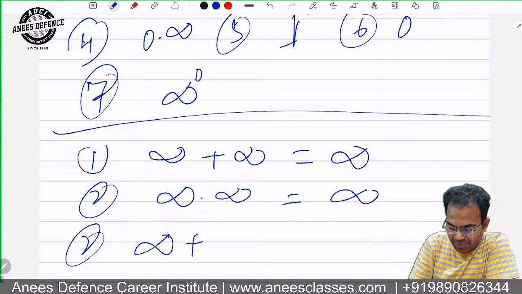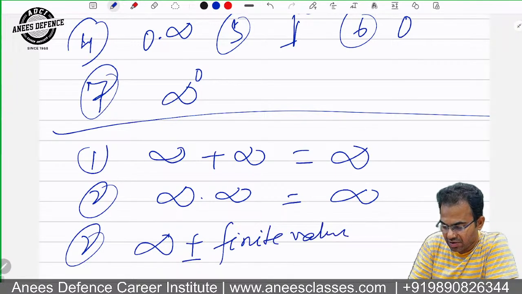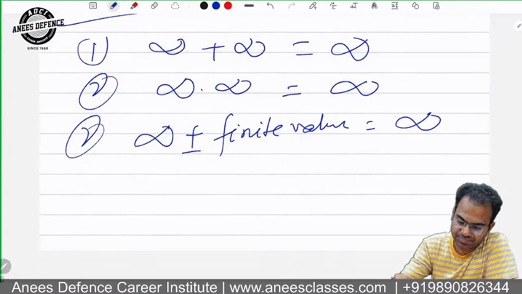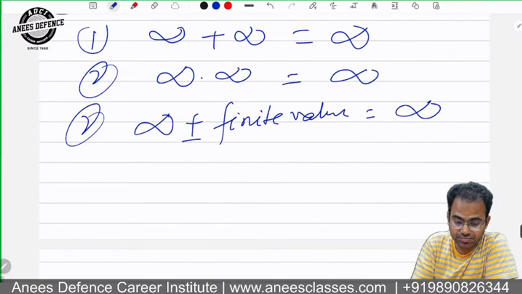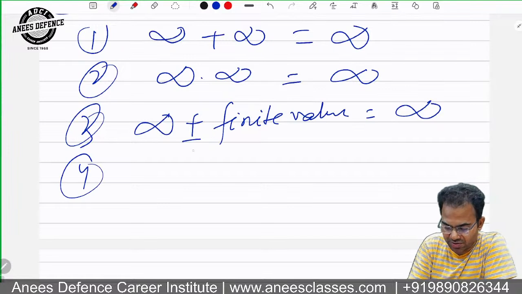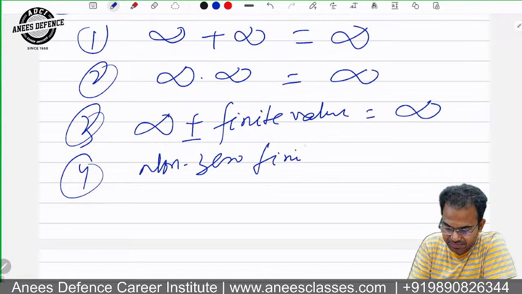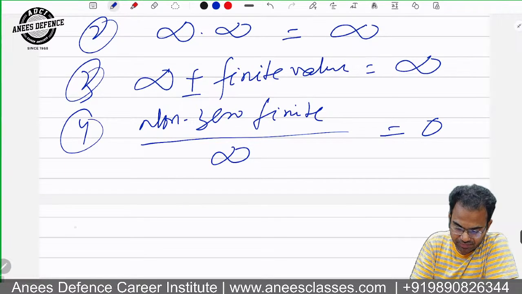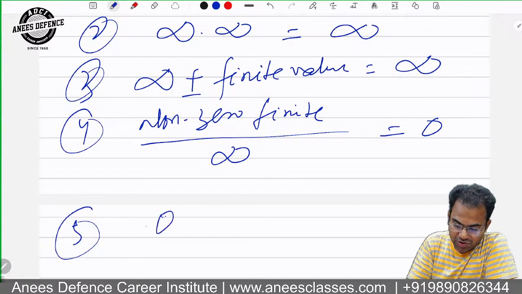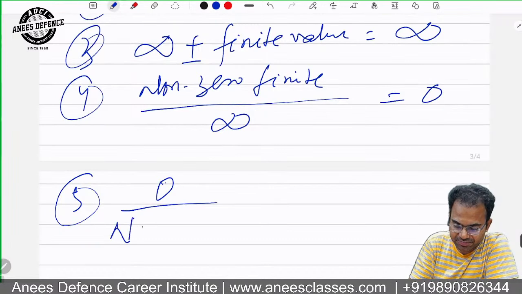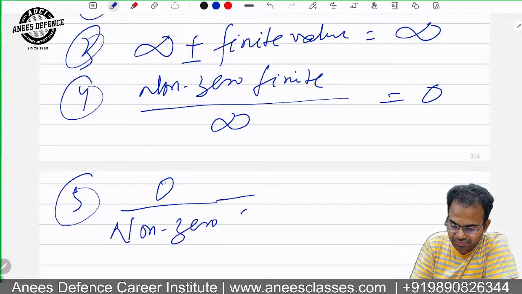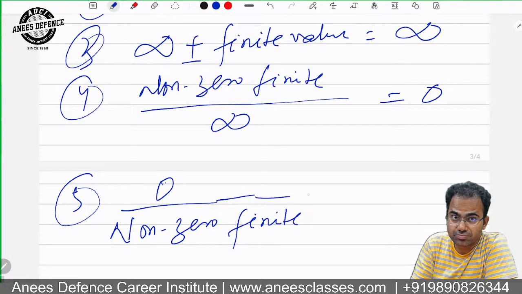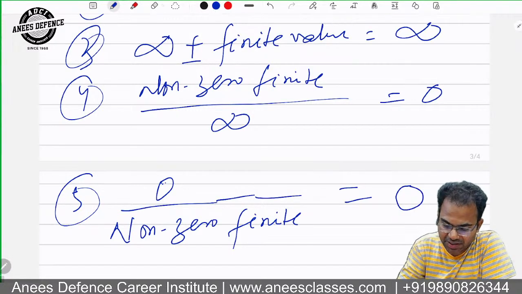If I have infinity plus or minus finite value, I will write infinity. Fourth, non-zero finite divided by infinity equal to 0. Fifth, 0 upon non-zero finite equal infinity. Sorry.